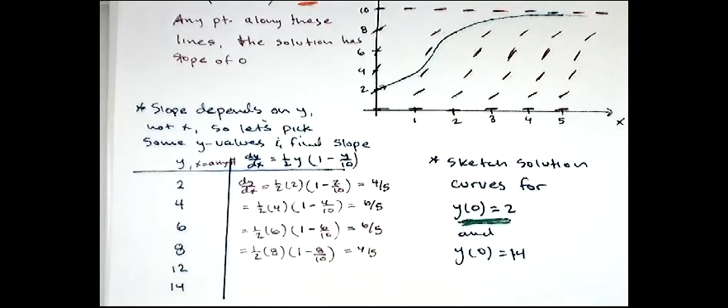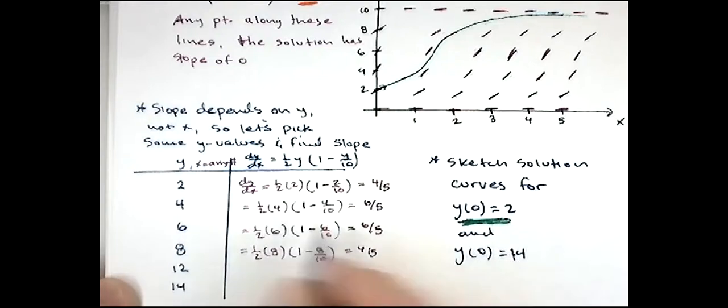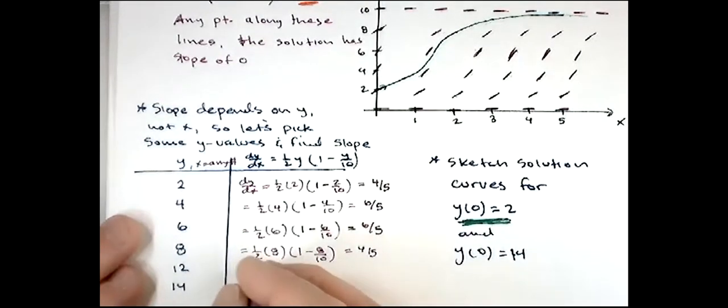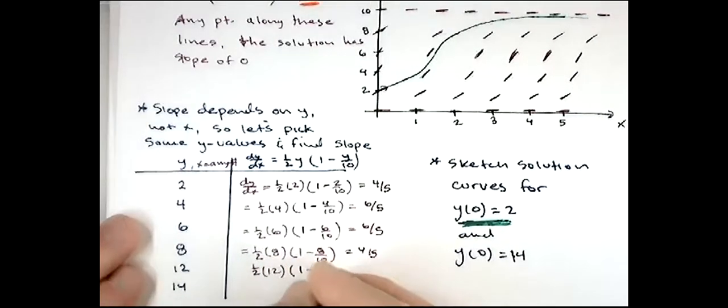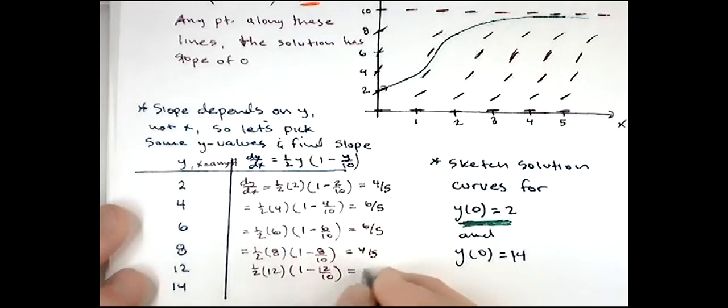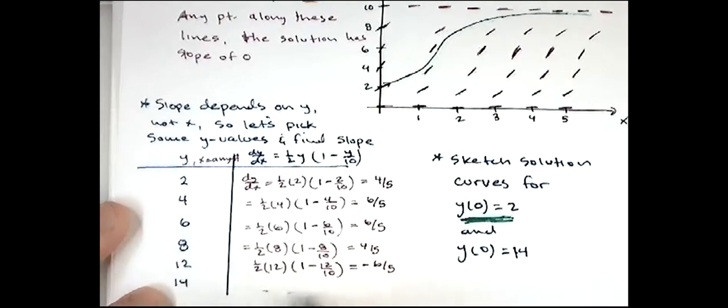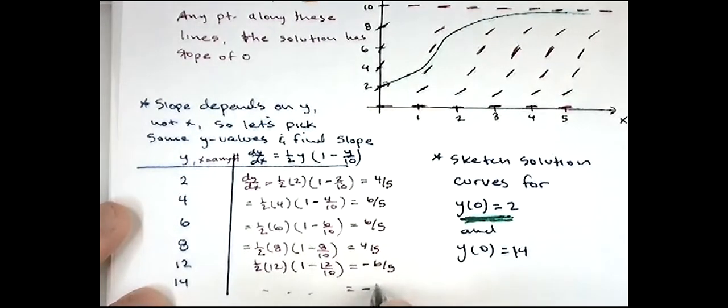And then I have one more sketch, but this one's starting through 14, so I just finished this off. If you keep plugging in values here, 1/2 times 12, I think this comes out to be -6/5. And if you try 14, it's going to come out to be -4/5. I don't want this whole class to be just plugging in numbers here.